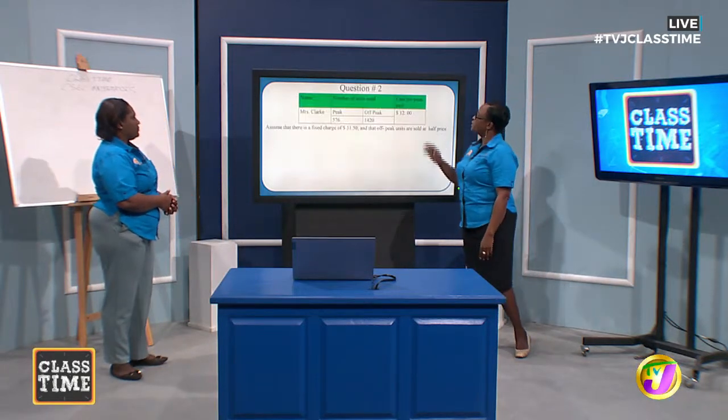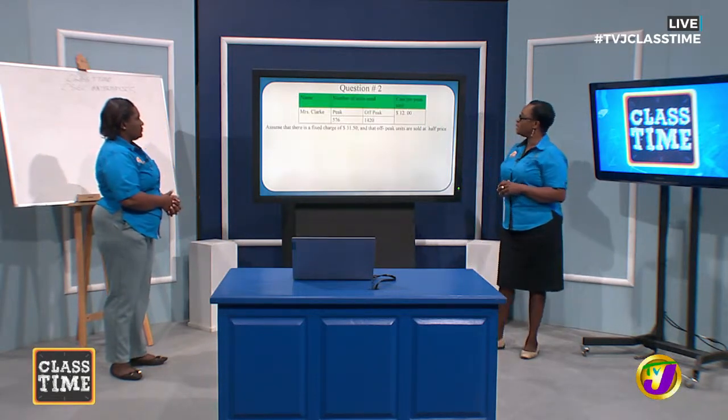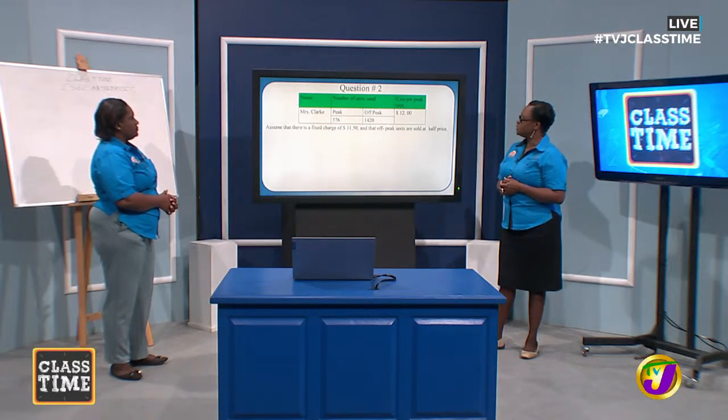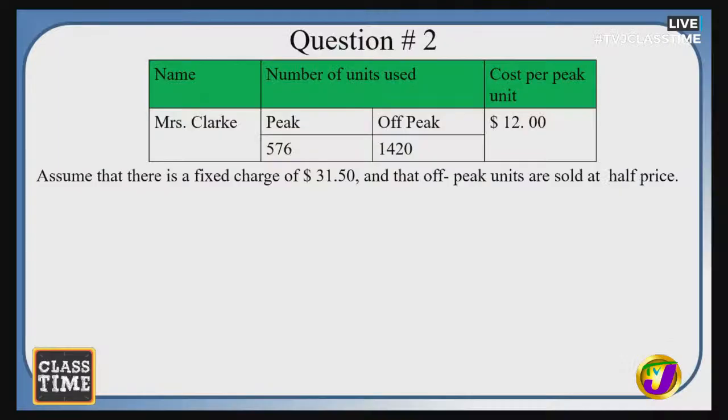So let's go straight into our question on the electricity bill. Now here we have Mrs. Clark, and on this table we see the number of units that Mrs. Clark has used in the peak hours and in the off-peak hours. We also see the cost per peak unit.